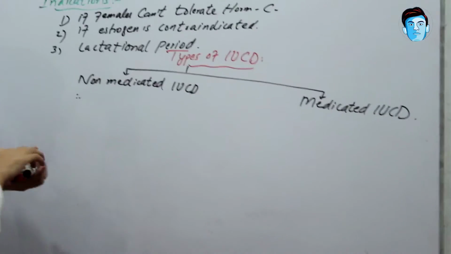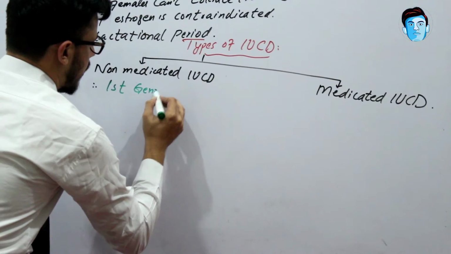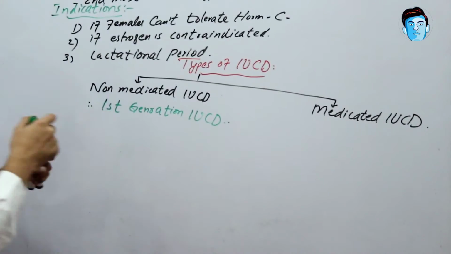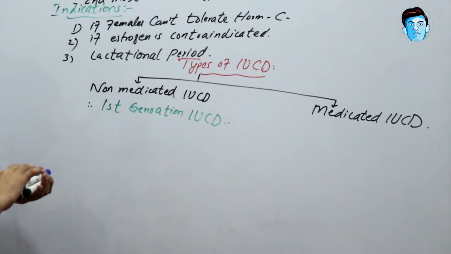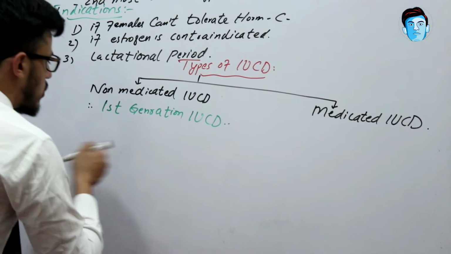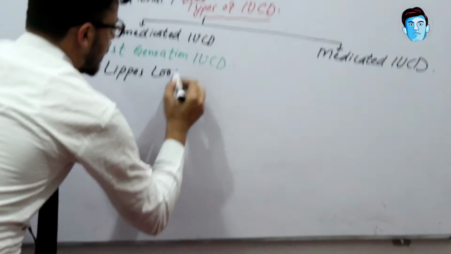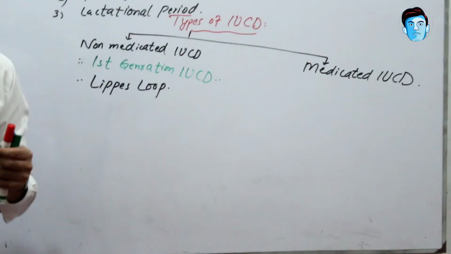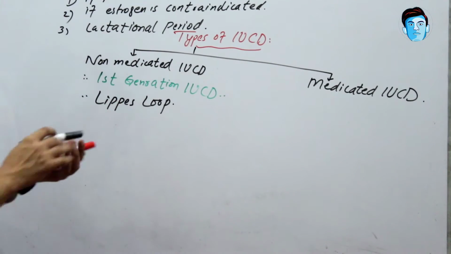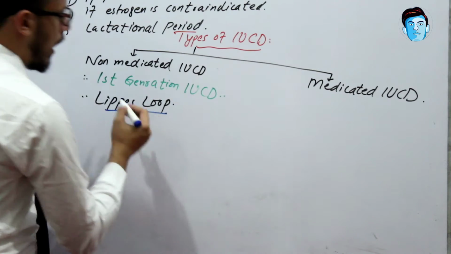Under non-medicated IUCD, the famous example is Lippes loop. It is made of plastic or steel, usually plastic impregnated with barium sulfate. So the important example under non-medicated IUCD is Lippes loop.